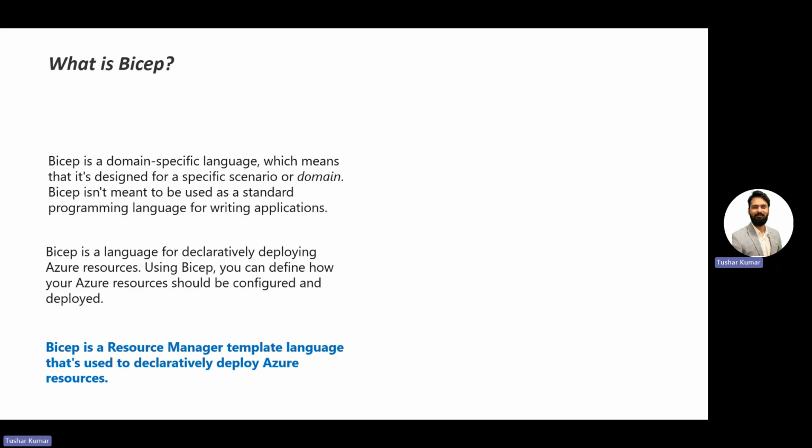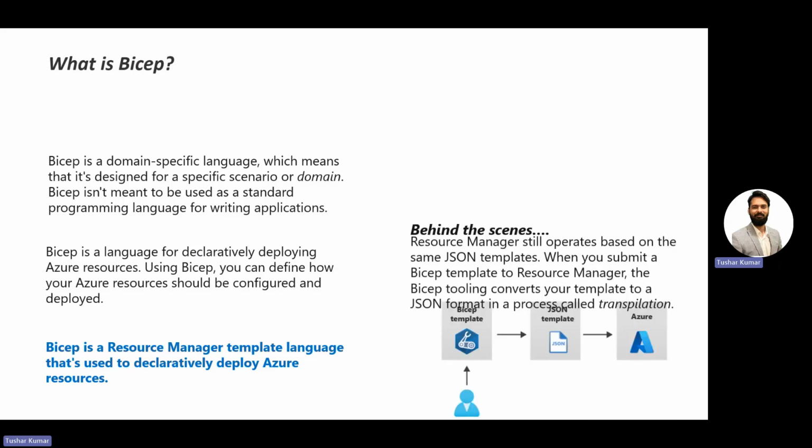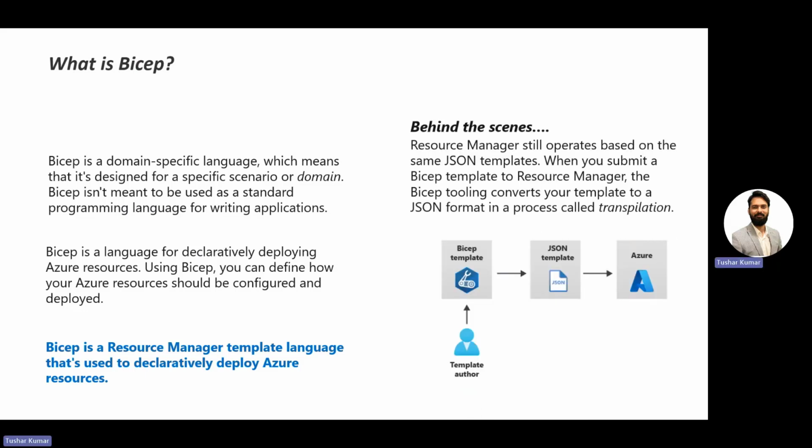There is a funny thing when you start exploring Bicep: what happens behind the scenes? The Azure Resource Manager that we saw on the last slide still operates on JSON templates.